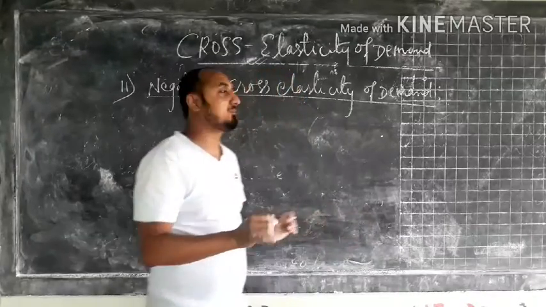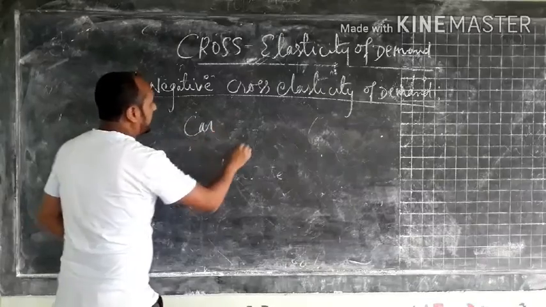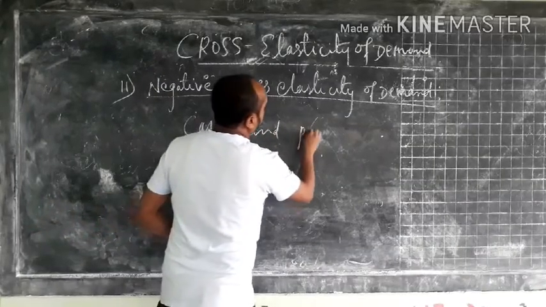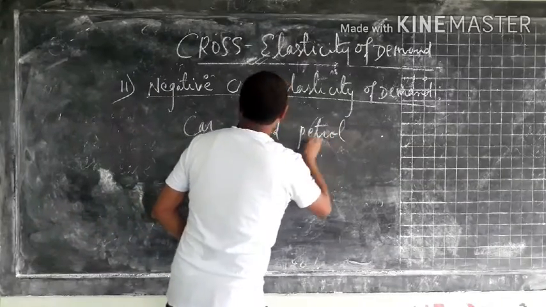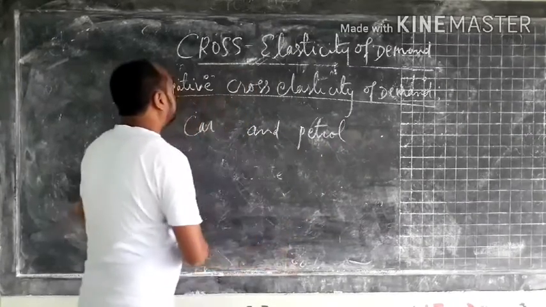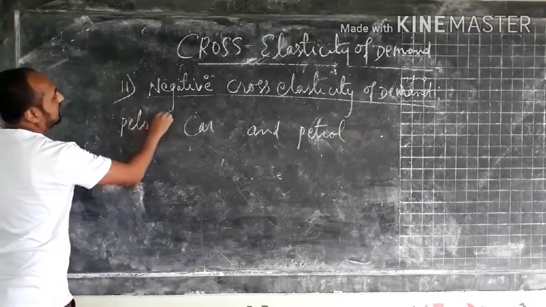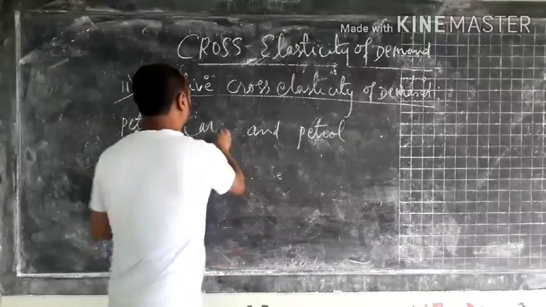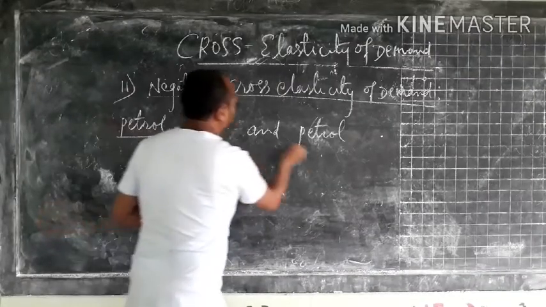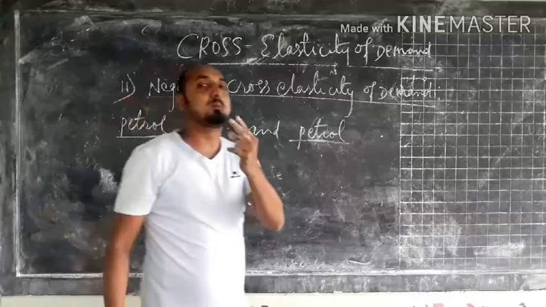I will give you the example of, suppose, petrol and petrol cars. These two goods, petrol and petrol cars, are complementary goods.